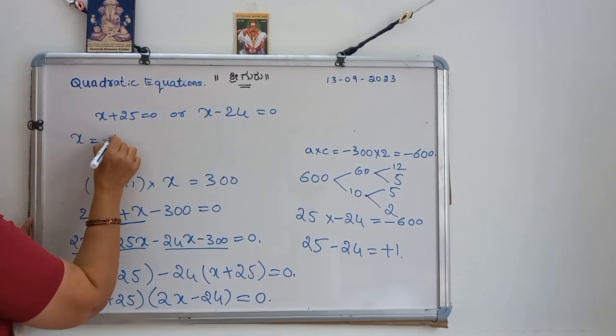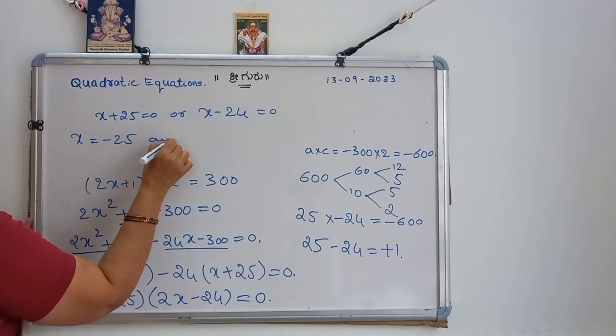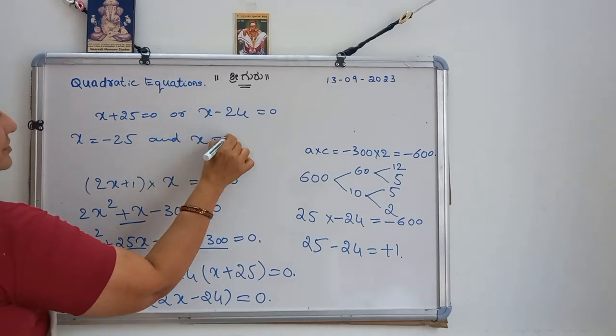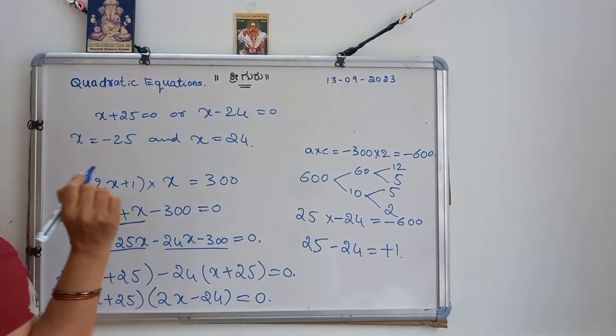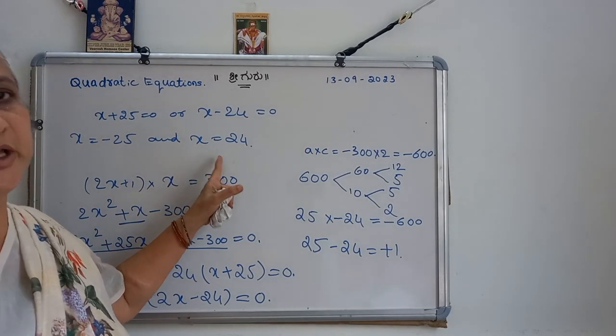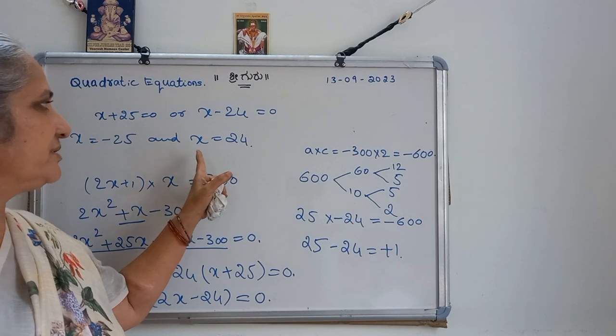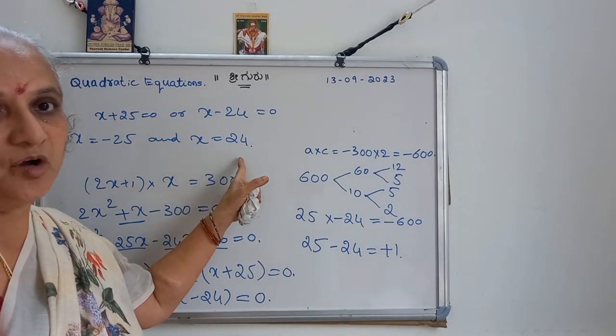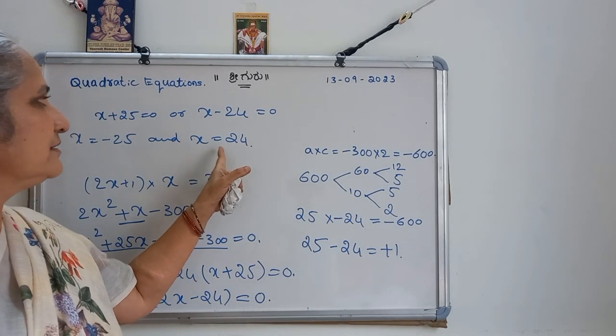Here x is equal to minus 25 and x is equal to 24. We should take the positive measure because breadth cannot be negative. Therefore, the breadth of the prayer hall, function hall is 24.